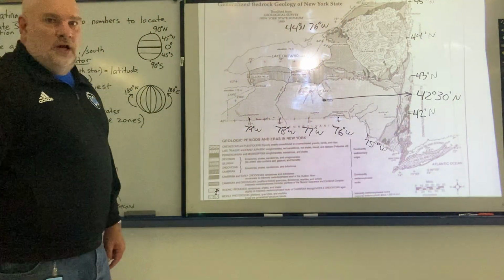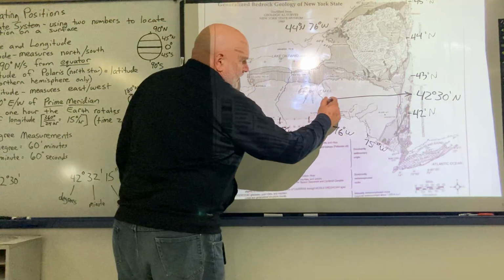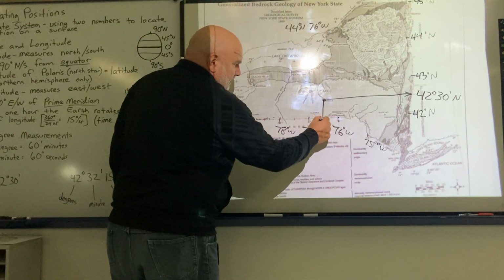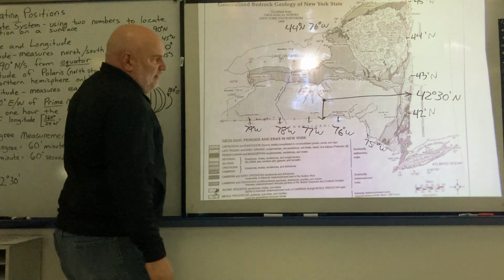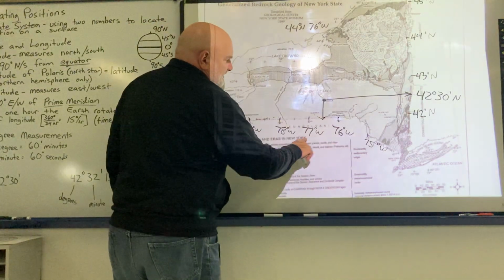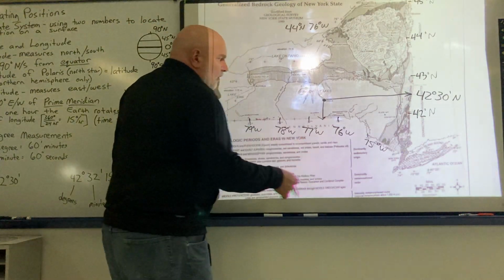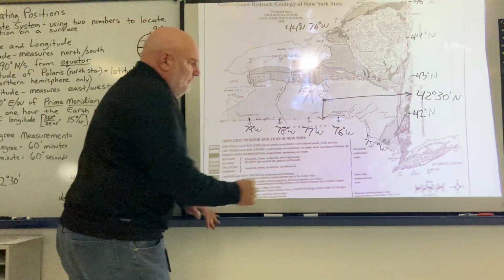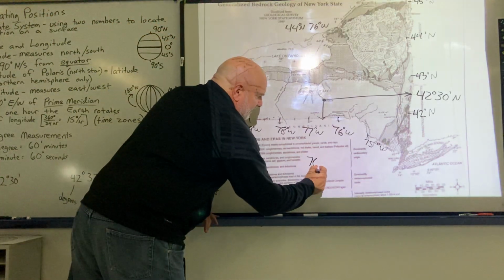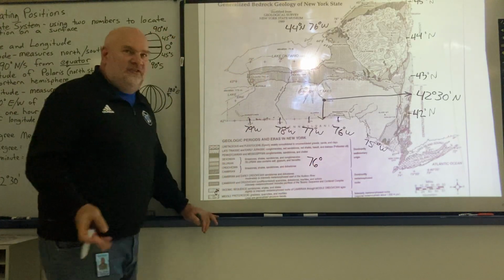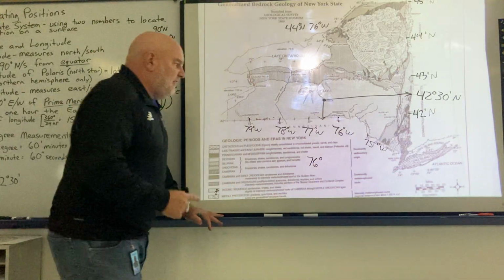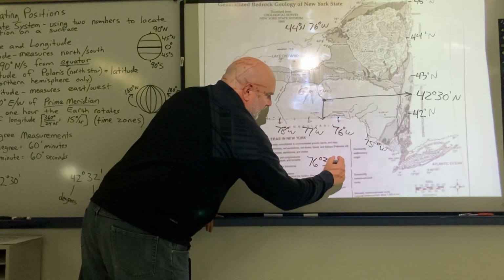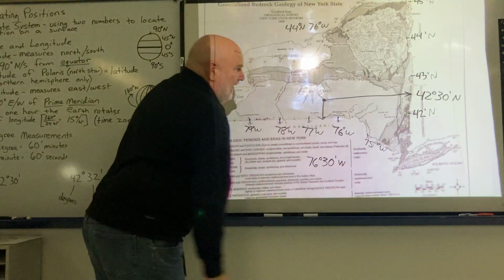And for my longitude, it's going to come right there, and if you look where that works out to be, it's about halfway between 76 and 77, so it would be like 76 and a half, but the proper way to write that would be 76 degrees, and again, since there's 60 minutes in a degree, half of that would be 30, so it would be 76 degrees, 30 minutes west.